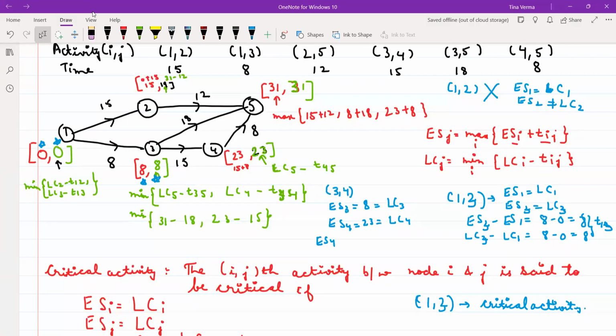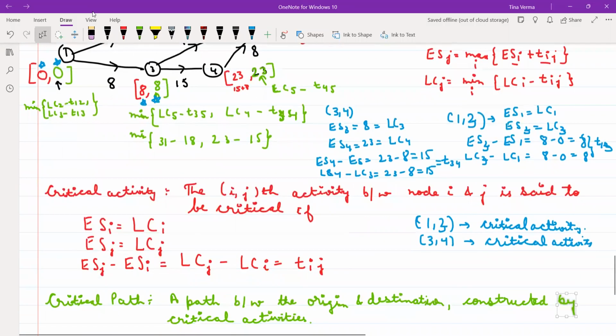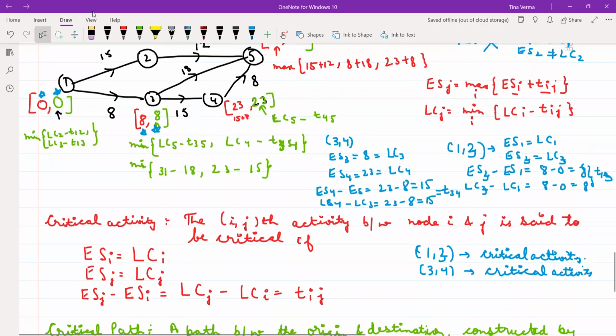If you do the subtraction ES4 minus ES3, that will be 23 minus 8, that will be 15. LC4 minus LC3, that is also 23 minus 8, which is 15, which is equal to the time between the 3 and 4 activity. This means my 3-4 is also a critical activity. Is it clear? Fine. The same if you talk about 3 to 5.